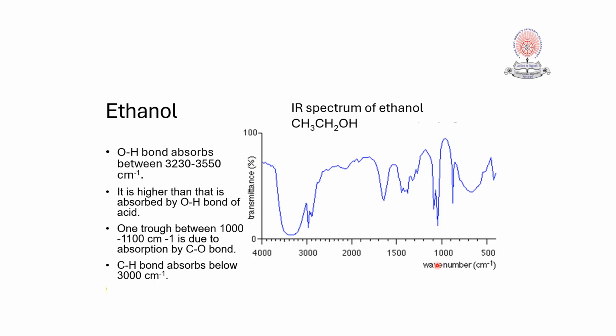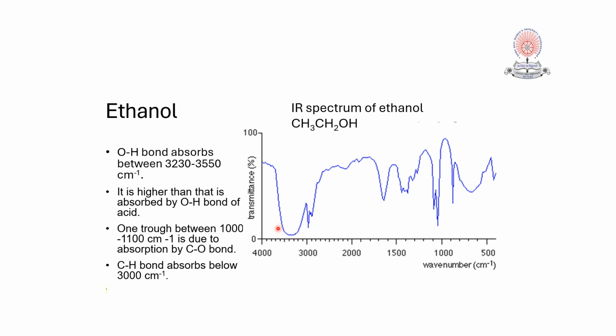This is the infrared spectrum of ethanol. In ethanol, there are different types of bonds. Let us focus on the OH bond. The OH bond absorbs between 3230 to 3550 centimeter inverse in this region.